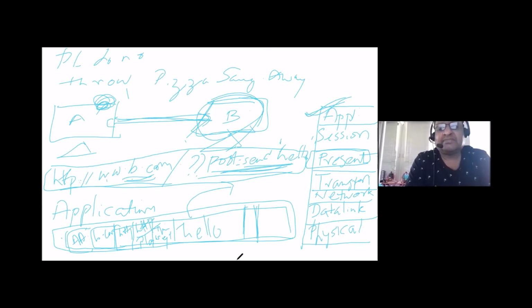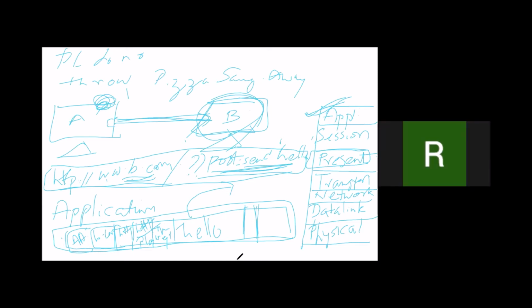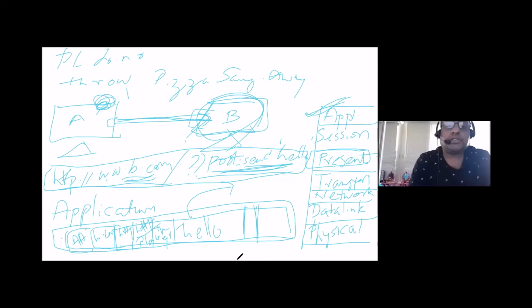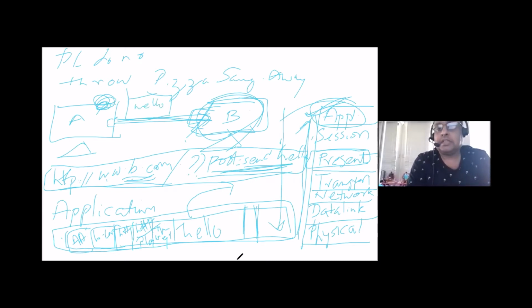Any idea? Physical. Correct. It reaches the physical layer because it goes to the physical network card. On the first machine it went this way down, and on the second one it goes this way up. Then when it reaches the application layer, it gets to the browser and shows the message hello. That's what happens.